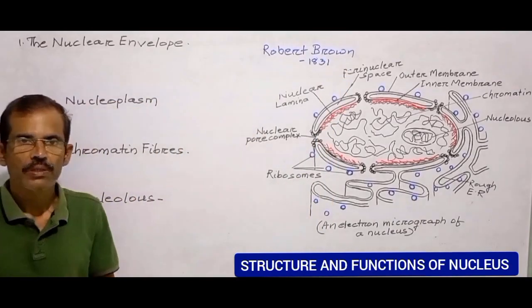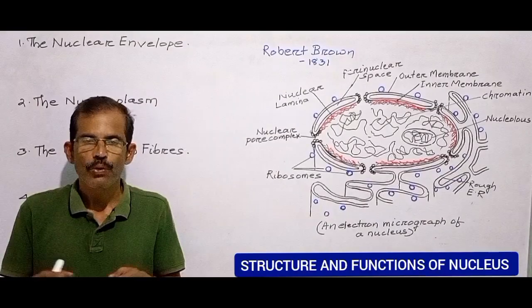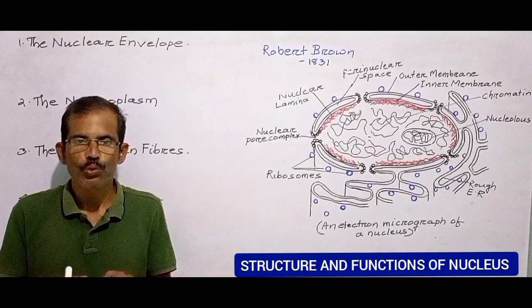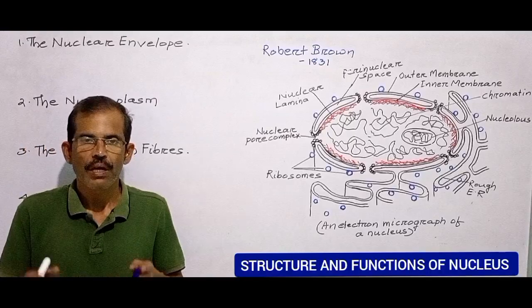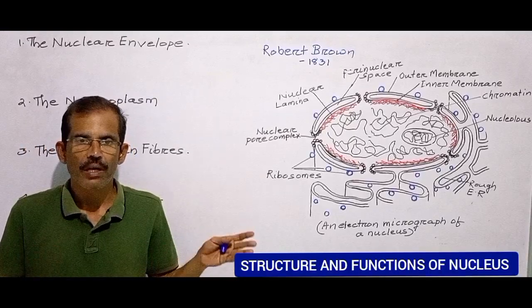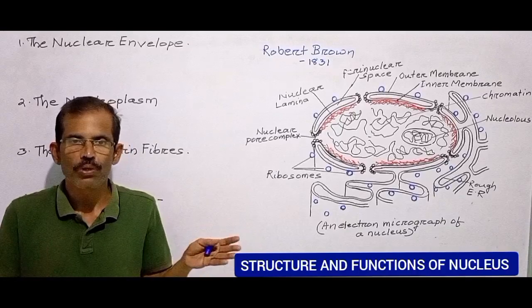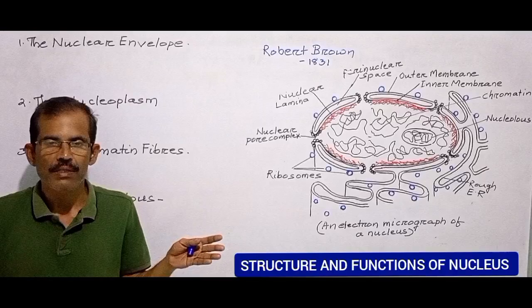The nucleus contains nearly all of the cell genome. Eukaryotic cells usually have a single nucleus. However, a few cell types, such as mature mammalian red blood cells, have no nucleus, while others, including osteoclasts, have many nuclei.